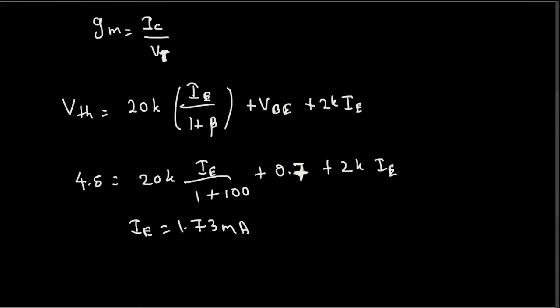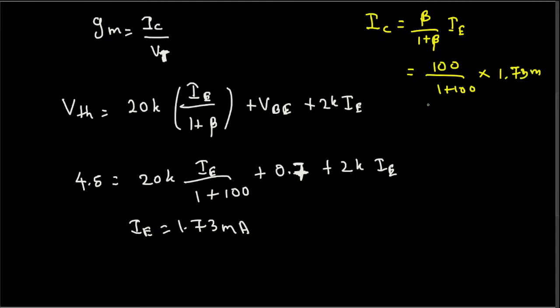Now in order to calculate gm, we need IC. We have IE available, but we need IC in order to calculate that. The relation between IE and IC is that IC is basically beta over 1 plus beta times IE. So if you plug in the values, that is 100 over 1 plus 100 times IE, which is 1.73 milli. If we calculate that, we will end up getting 1.71 milli for IC.